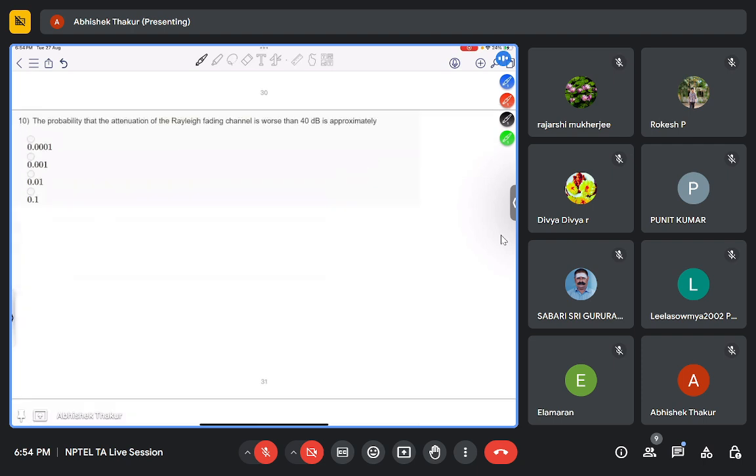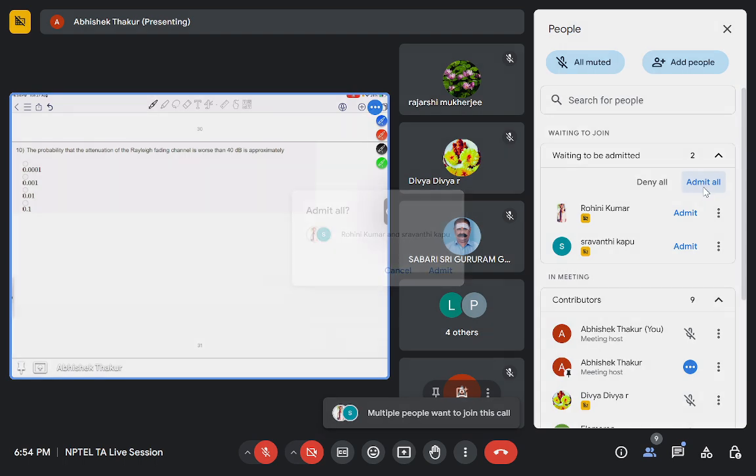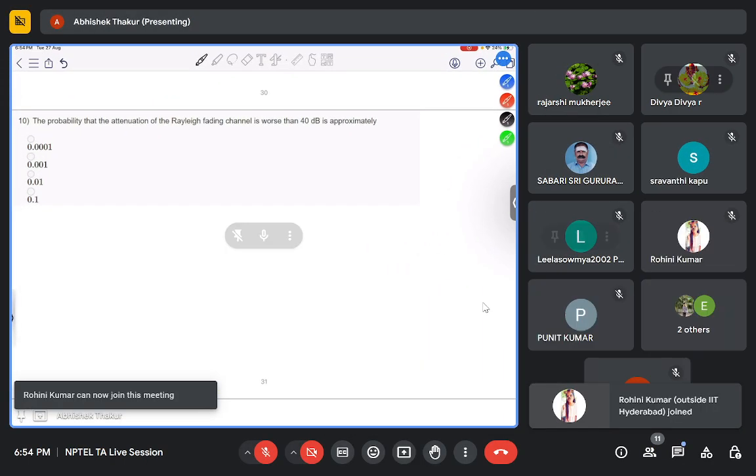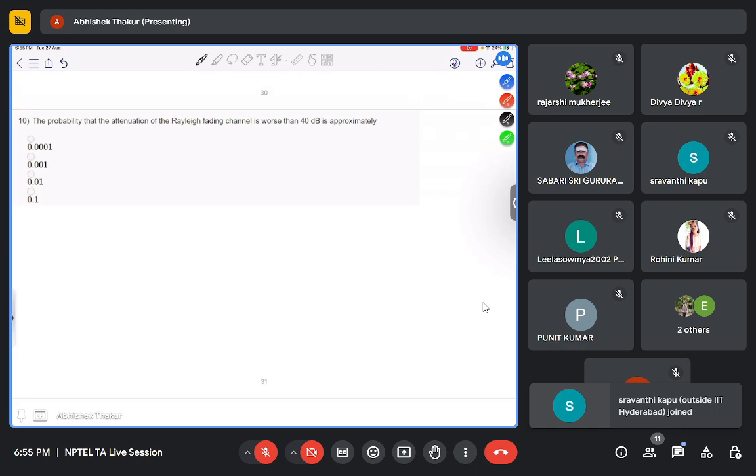Now coming to the next question. This is a numerical question. It is asking the probability that the attenuation of the Rayleigh fading channel is worse than 40 dB.